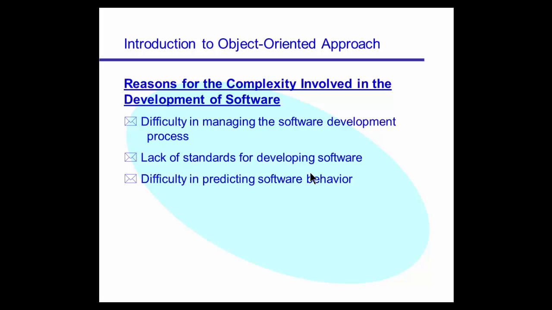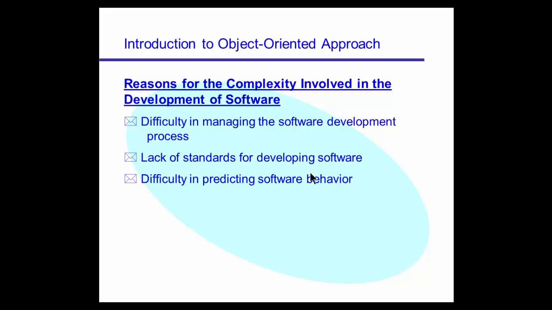For development there is a separate team, for testing there is a separate team, and for coding there is a separate team. When there is a lack of coordination between all these teams, there will definitely be a problem in managing the software development process.